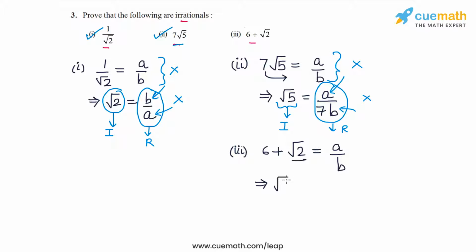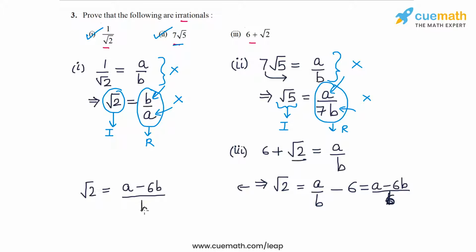So root 2 will be equal to a by b minus 6, and this I can write as a minus 6b by b. So the numerator is a minus 6b and the denominator is b. So let me rewrite this equality: root 2 we got as a minus 6b by b. This is what we got by rearranging the terms.